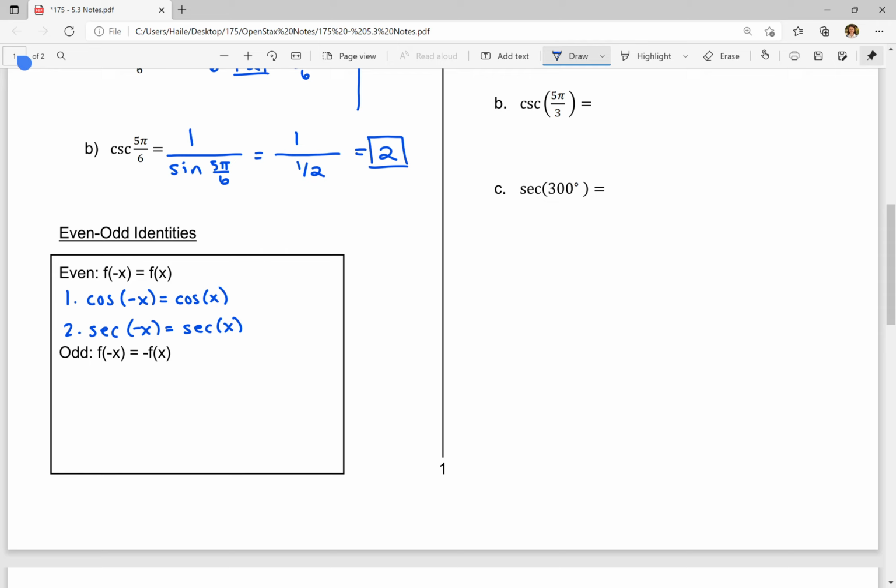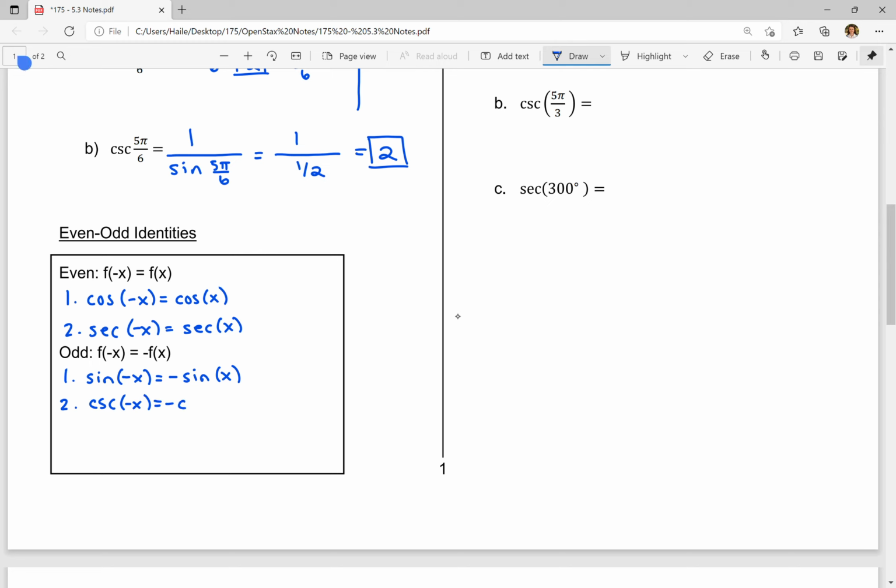Now our odd functions are going to be all the remaining trigonometric functions. So first we have sine of negative x is equal to negative sine of x. So all that means is if we plug in a negative number to sine, the negative sign can be pulled out front. So since sine is odd, cosecant must also be odd because, well, it's just 1 over sine.